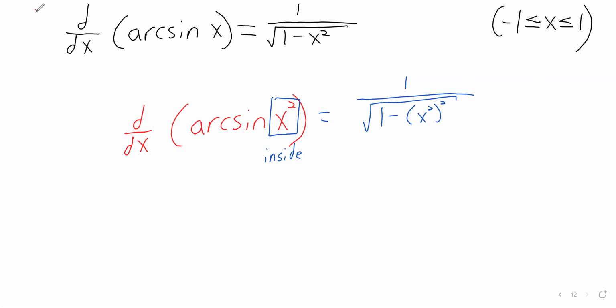We stick the inside function inside of it. And then we multiply by the derivative of the inside function. And we could clean this up, of course. X squared squared is x to the 4th and so on, but fundamentally this is what we're doing. We're using the chain rule in what I hope is a very familiar way.